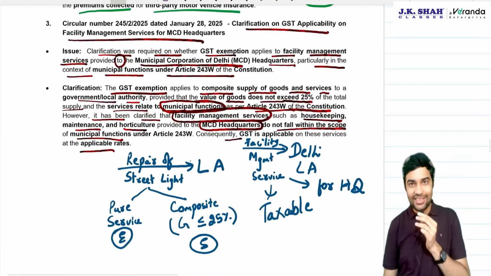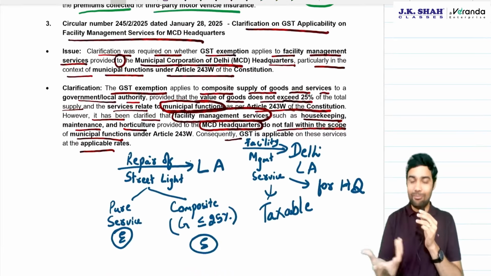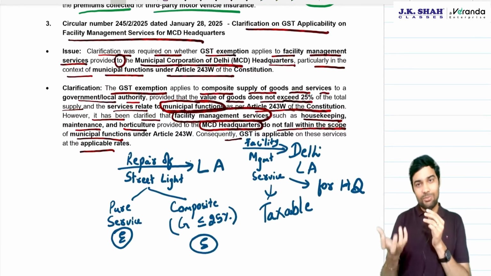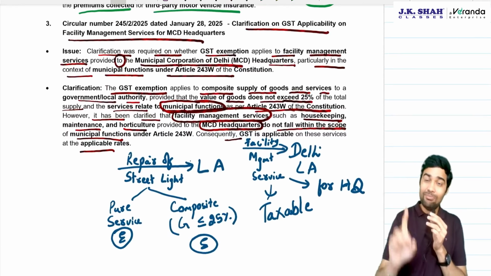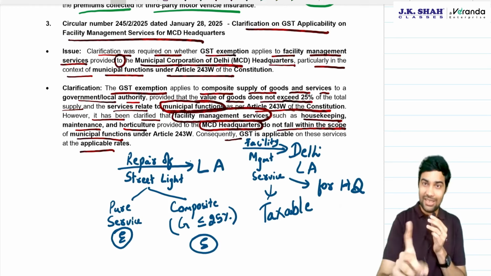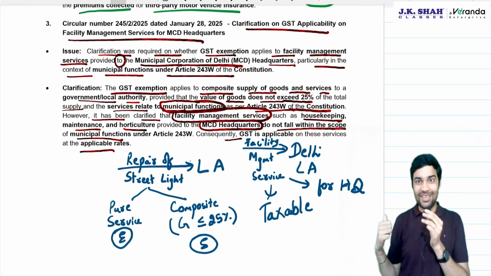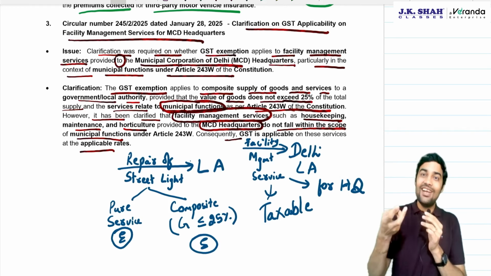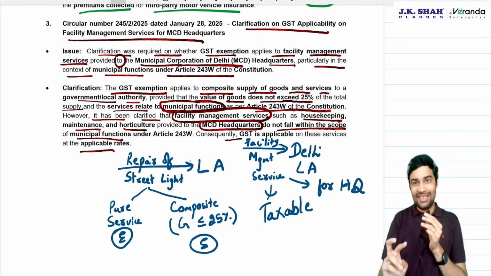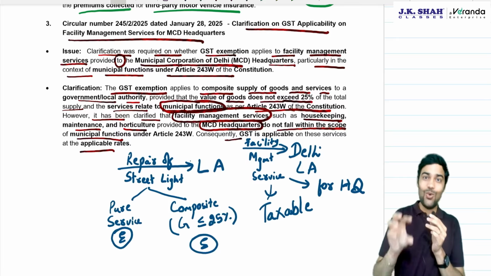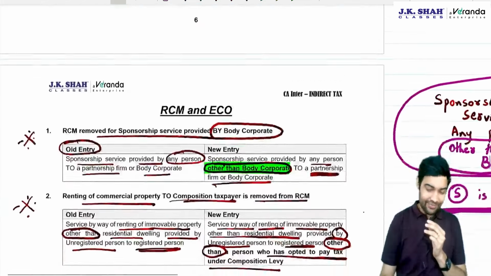Delhi Development Authority, I mean MCD, Municipal Corporation of Delhi, is a local authority, but they will get exemption only for services which are for the general public, the 243G, 243W, not for their own facility management services for their own headquarters.